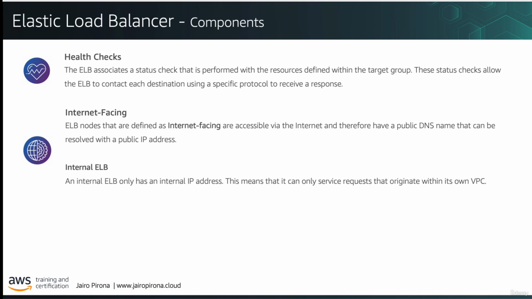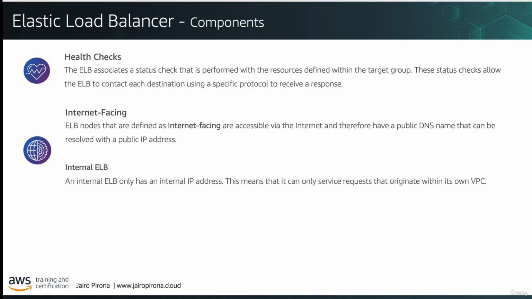This allows the ELB to service incoming requests from the internet before distributing and routing traffic to its target group, which in this case could be a fleet of web servers receiving HTTP or HTTPS requests. When your internet-facing ELB communicates with your target group, it will only use the internal IP address, which means that your target group does not need public IP addresses.